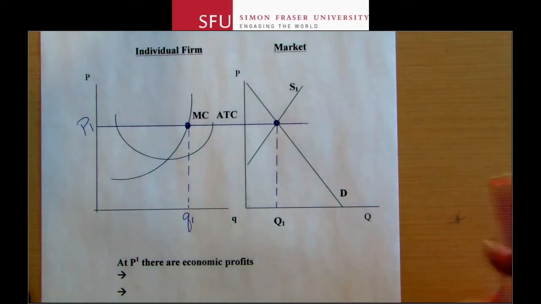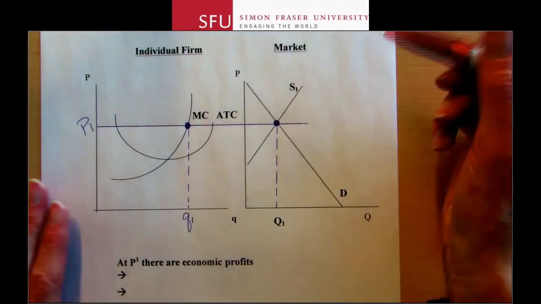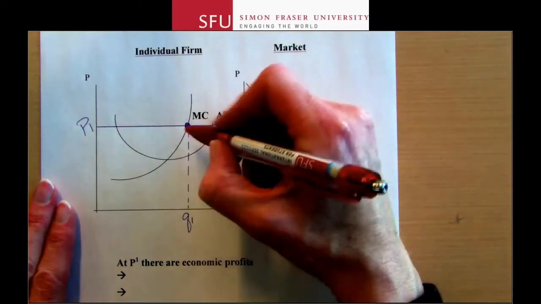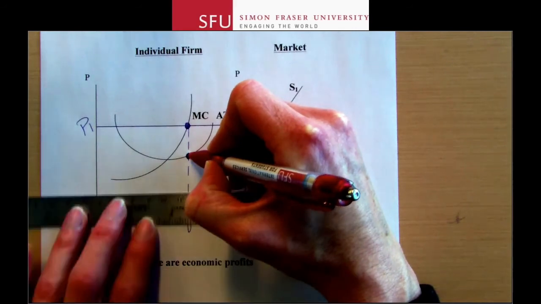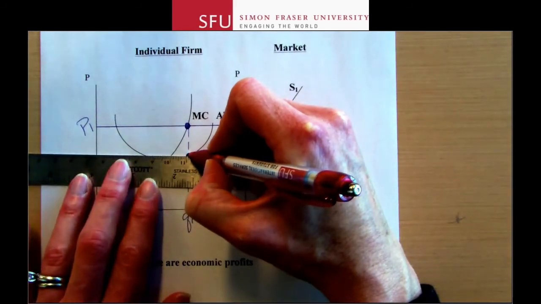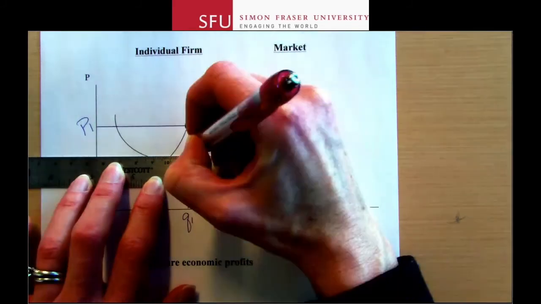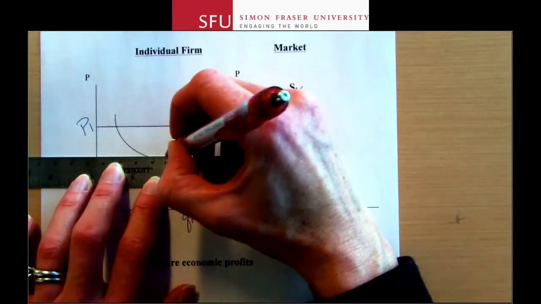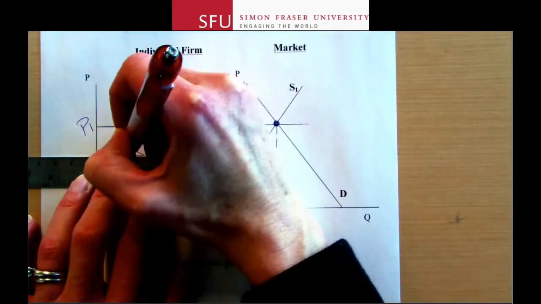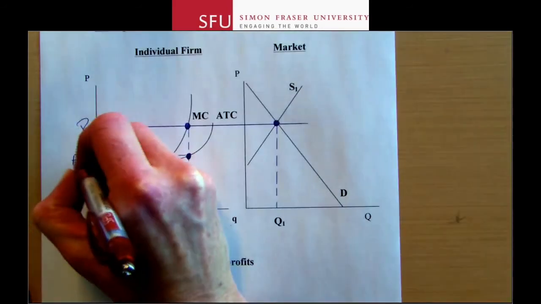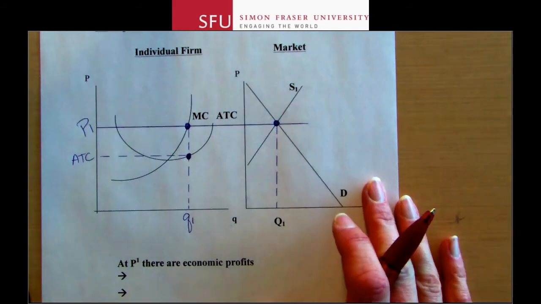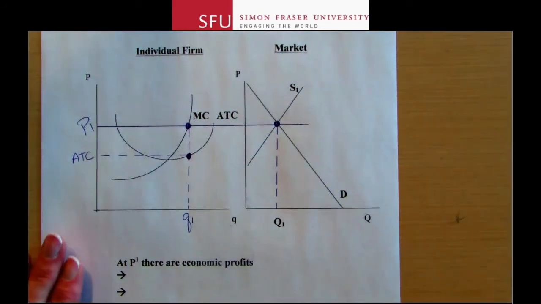Now, the firm is earning a profit for sure because at that quantity, the average cost is right here, well below the price that they're earning. So now let's draw a line here. And then that rectangle that's formed will be their profit.